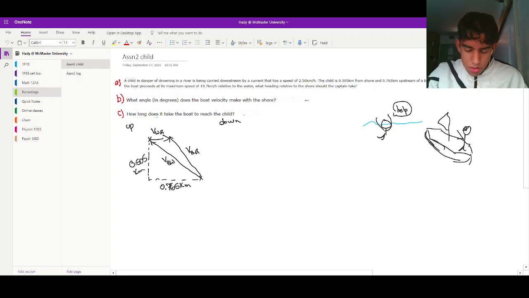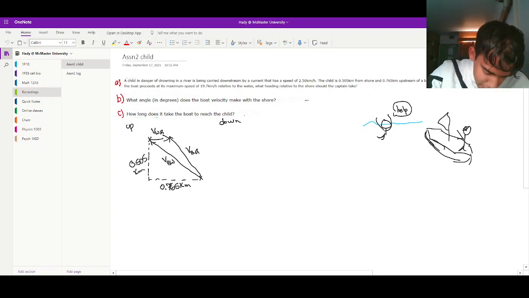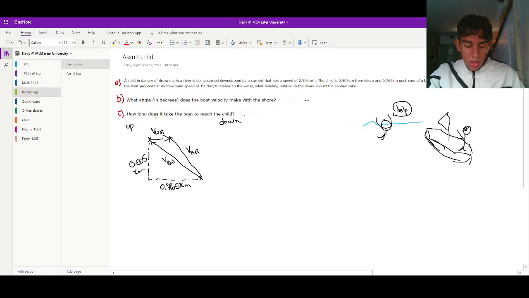So if we're taking into account the kid drowning, moving down the river, then the angle we have to aim our boat would be that angle there. But they gave the relative speed to the water. So the velocity of the boat relative to the water is 19.7, and the velocity of the kid relative to the water is actually 0.